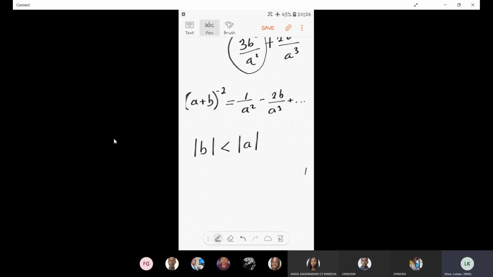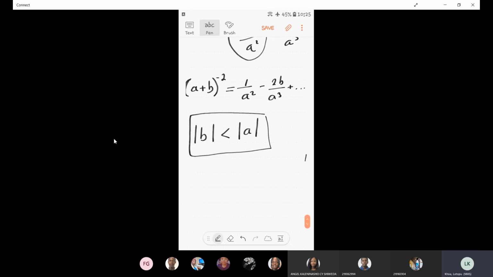So this is the restriction that we have, that the absolute value of b must be less than the absolute value of a. So that's the only thing. If it is an integer, there are no restrictions. If it is not a positive integer, then there are some restrictions that we will do.